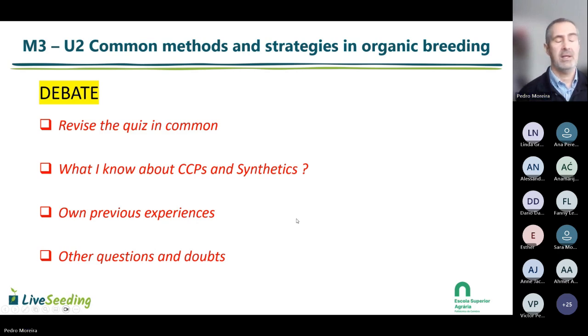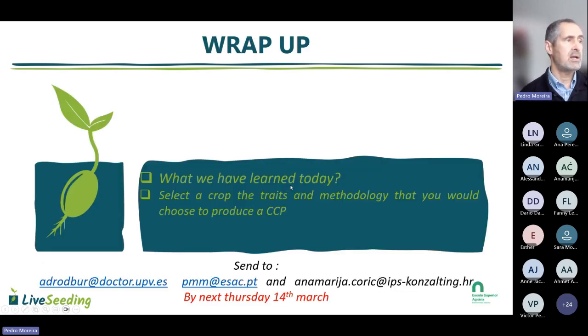I hope that it improved your information, with Adrian and me. And also think about your own previous experiences, other questions and doubts that you have, please expose them. And regarding what we have learned today, the homework that I had for you is to select a crop and the traits and methodology that you will choose to produce a CCP.